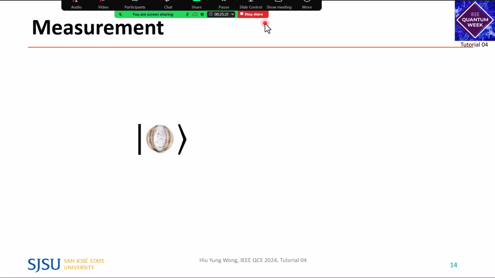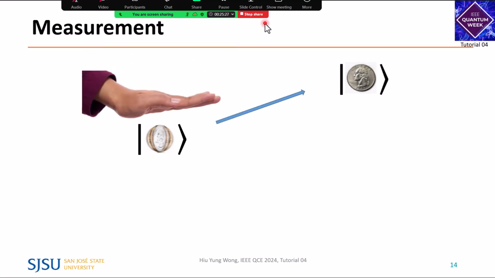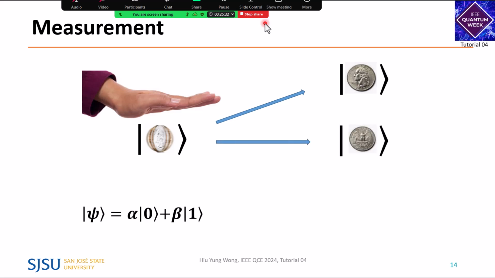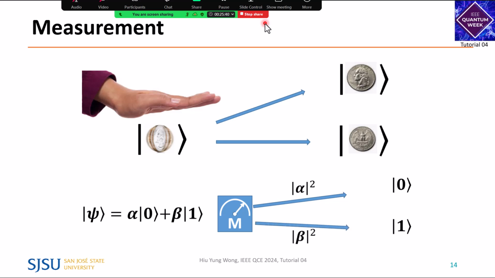It's just like the spinning coin on the table. How do you see whether it's head or tail? I just stop it. Then it will either collapse to head or collapse to tail. And that is exactly the same for a superposition state. If I do a measurement, it will collapse to either 0 or 1.